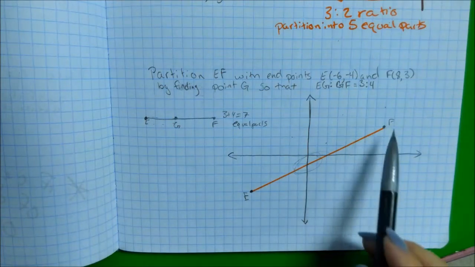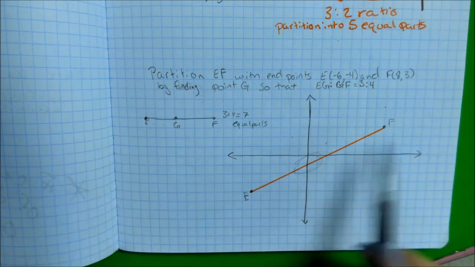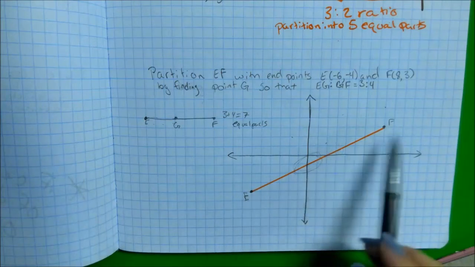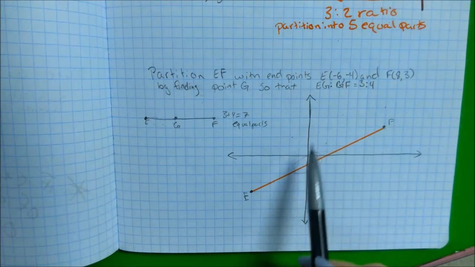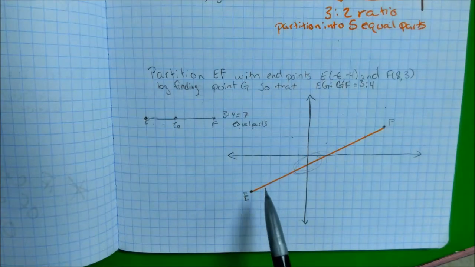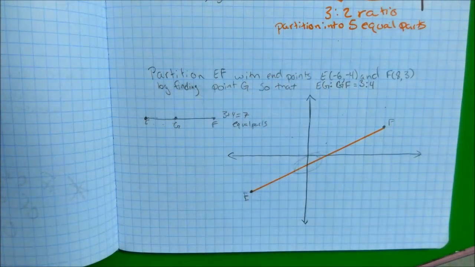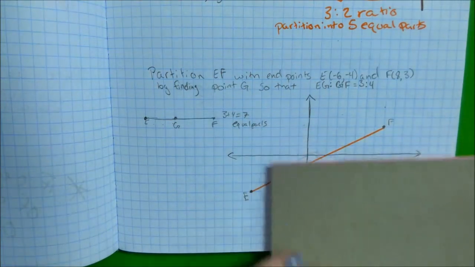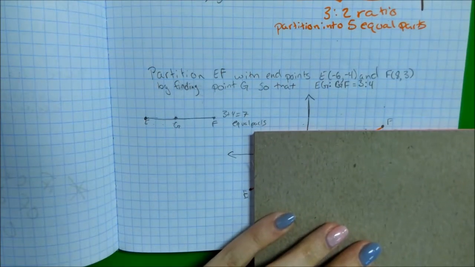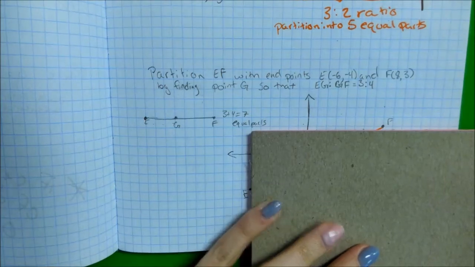So I kind of need a straight line, because this sloped line, I can't easily divide this up. So I need to make a straight line somehow, and I don't have a nice x-axis to do it with like on the last one, so I'm going to make a little right triangle out of all this.